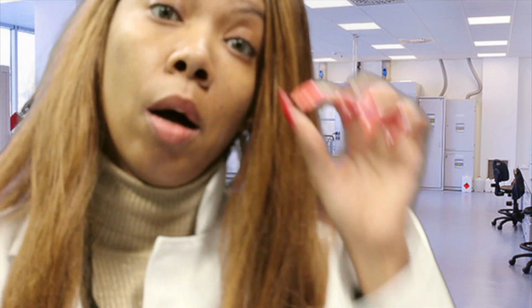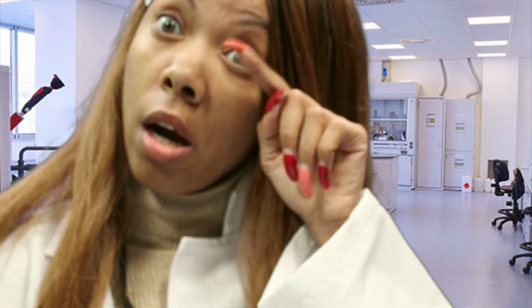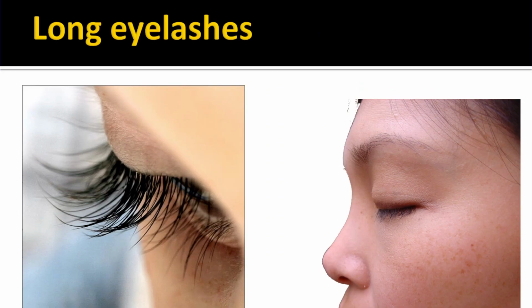Eye size, large eyes are dominant, medium is in the middle, and then small eyes are a recessive trait. Eye shape, almond shaped eyes, that's a dominant trait versus round eyes is a recessive trait. Eye slantedness, if it's kind of horizontal, that's actually dominant versus like an upward slant, that is a recessive trait. Lashes, large eyelashes, those are a dominant trait. And short eyelashes is a recessive trait.